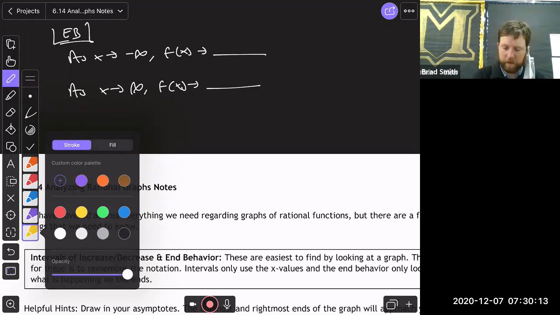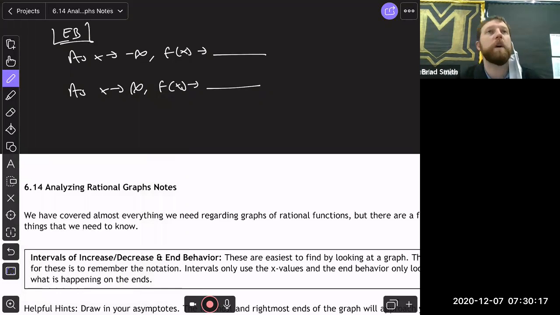Now, the nice thing for this with rational graphs, the end behavior always approaches your horizontal asymptote, which is very nice. If there is no horizontal asymptote, then it's just going to be a special graph, so you have to look at it specially.